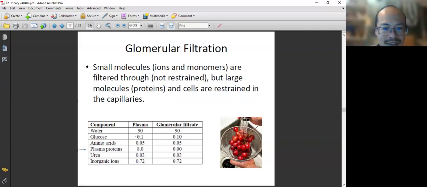And so you can see that you have water in the plasma, in the blood. You have the same water in the filtrates.